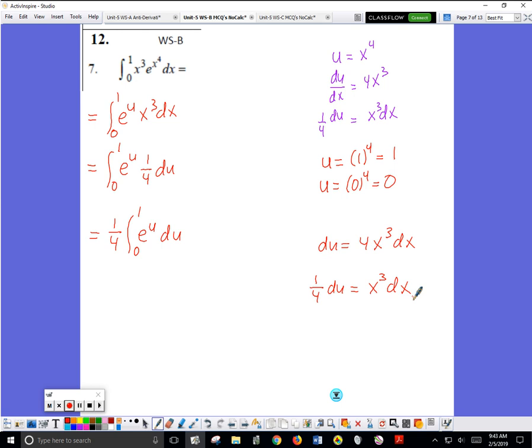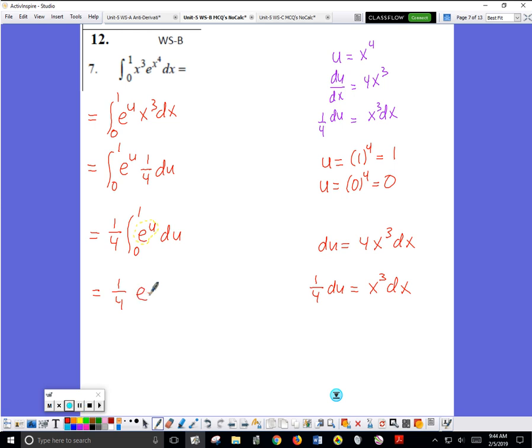Please, Alice. Question number 16. Hold there for a second. Does anyone need me to keep going? Keep going. So we plug it in. Again, fundamental theorem. This is f prime. We need to find f. But the antiderivative of e to the u is just e to the u.